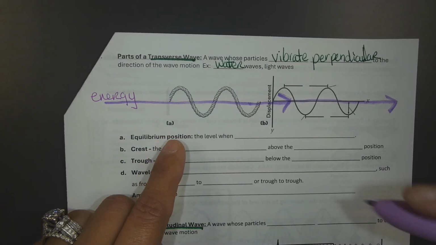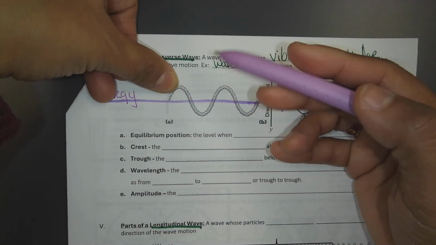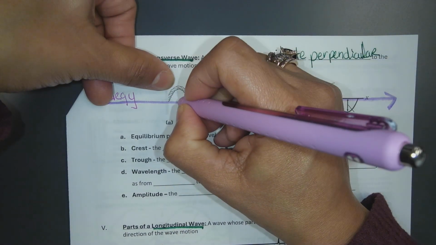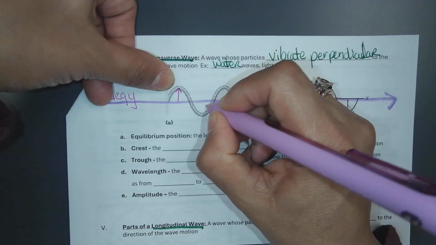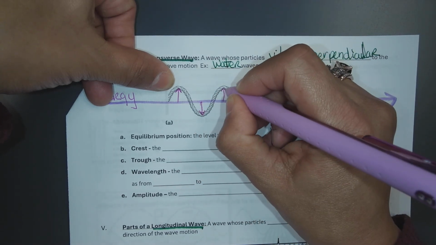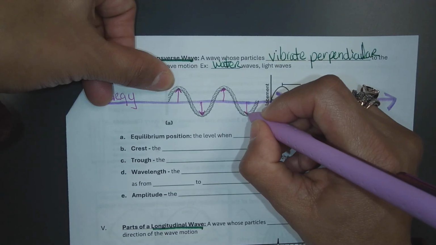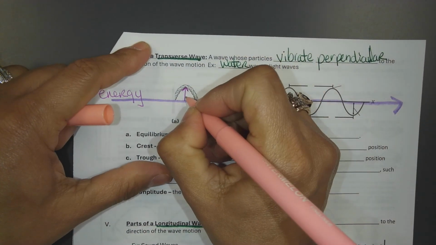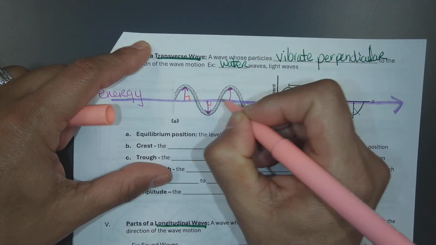But when the medium or matter vibrates perpendicular, this is what we mean. It moves up, it moves down, it moves up, it moves down. And when it moves up and down, it actually forms a right angle.